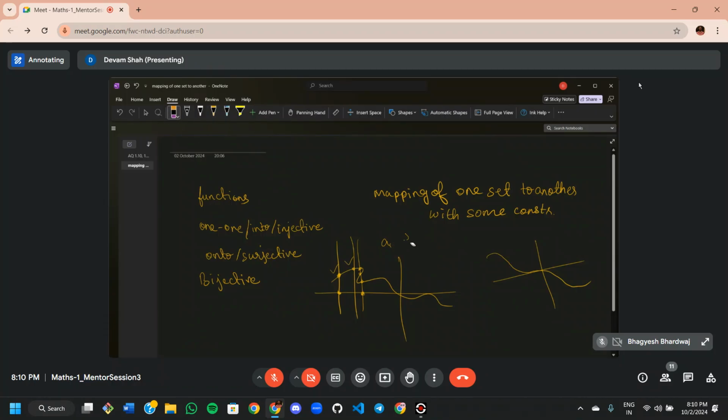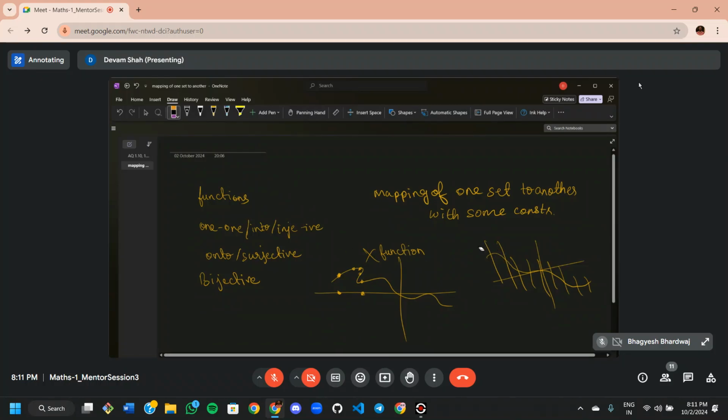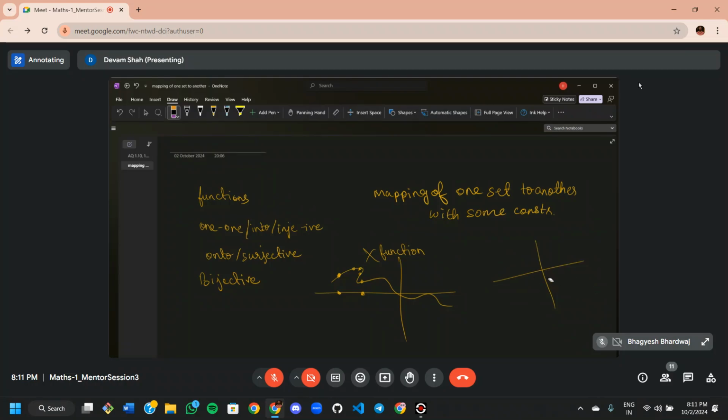Similarly, here every vertical line cuts the graph at exactly one point, so this is a function. This is called the vertical line test. You have to check whether every vertical line intersects the graph at exactly one point. Then it's a function, else it is not. So this was the definition of a function.